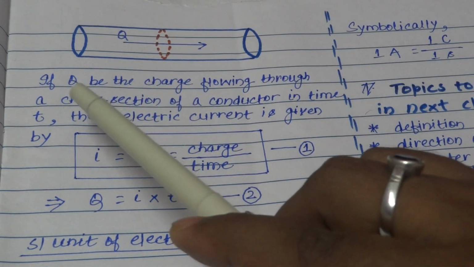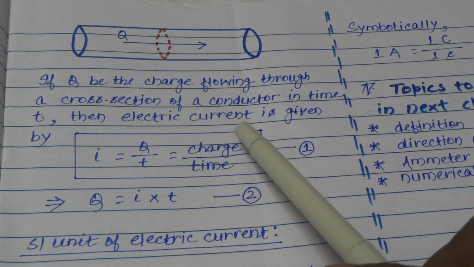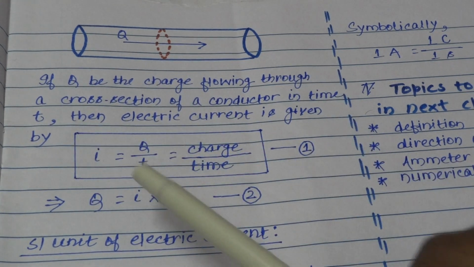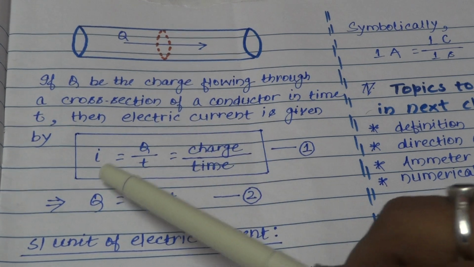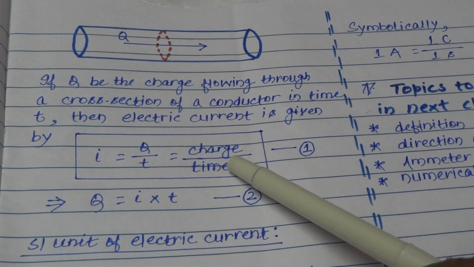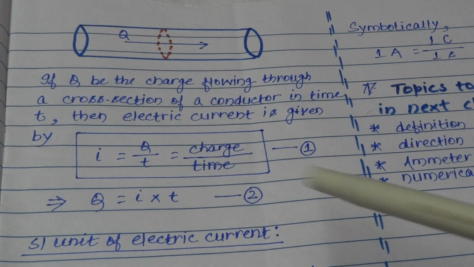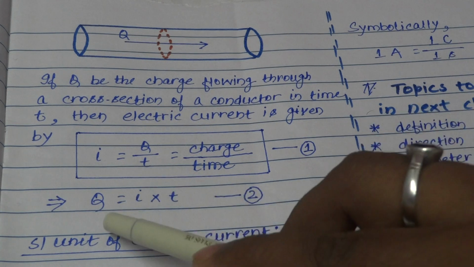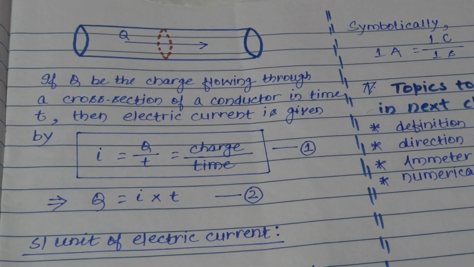If Q be the charge flowing through a cross section of a conductor in time t, then electric current is given by I equal to Q by t. That is, electric current is equal to charge by time. So this is the formula for electric current. Using this formula we can calculate electric current, how much current is flowing through a conductor. Q equal to I t, this is equation number 2.